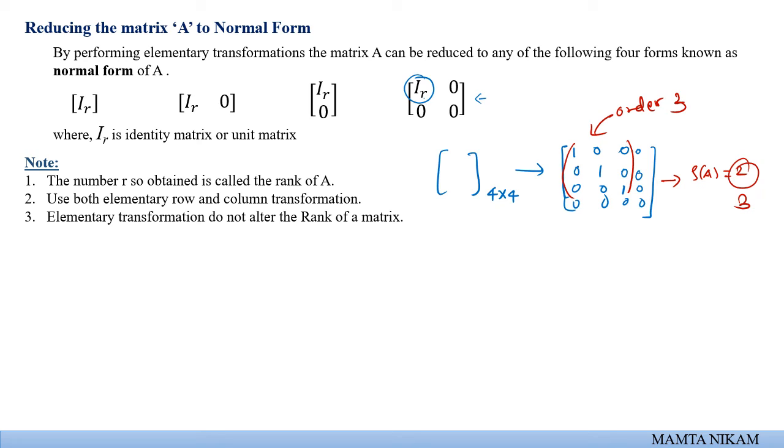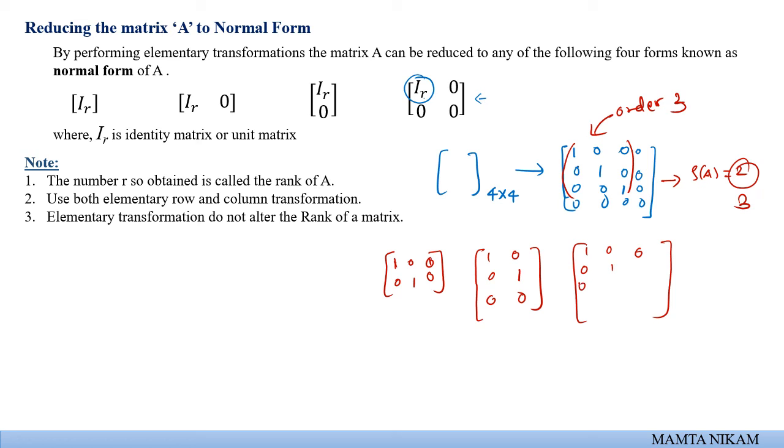So what we have to do is perform elementary row and column transformations and reduce the matrix such that we obtain an identity matrix. It can be only an identity matrix, or you may get an identity matrix and one column that is 0, or an identity matrix and one row that is 0, or an identity matrix and one or more rows as well as columns that are 0.